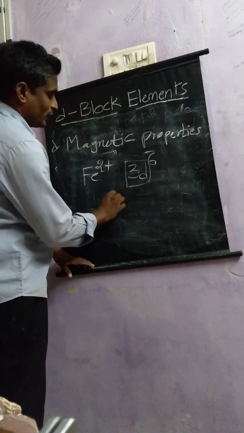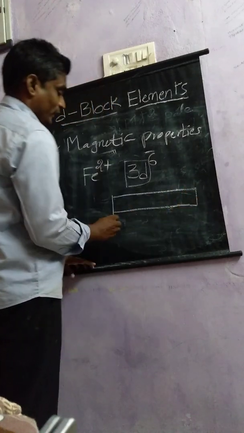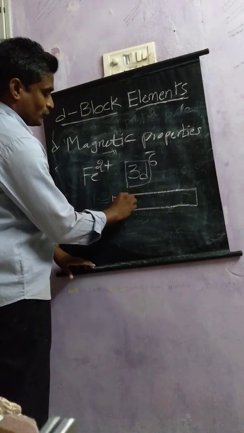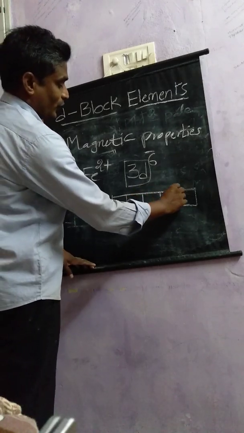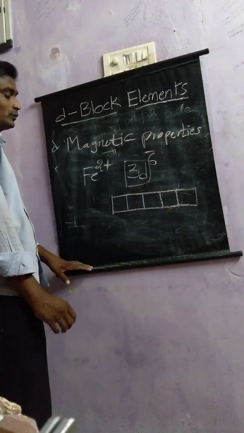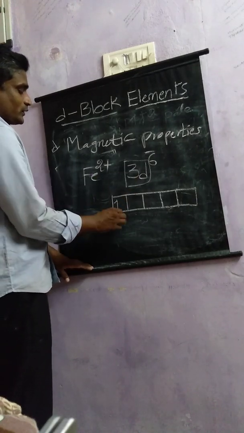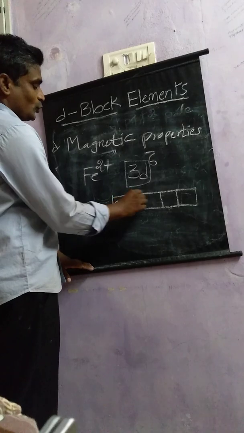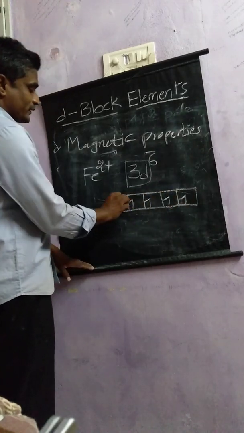Now I am drawing the d sublevel of the ferrous ion. 1, 2, 3, 4 and 5. Now I am filling these orbitals with the electrons 1, 2, 3, 4, 5 and 6.